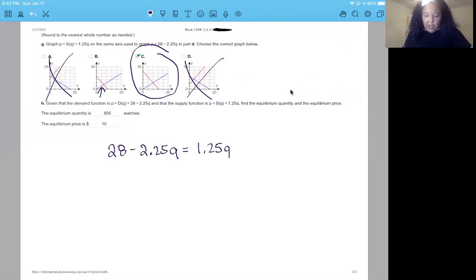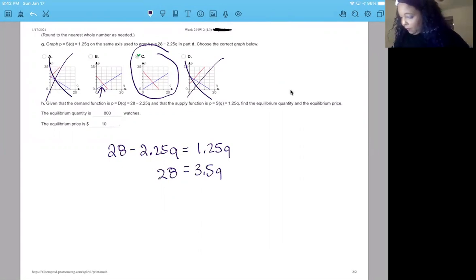I'm going to add 2.25Q to each side. So 1.25 plus 2.25 is 3.5. So I have 3.5Q equals 28. 28 divided by 3.5 gives me 8.